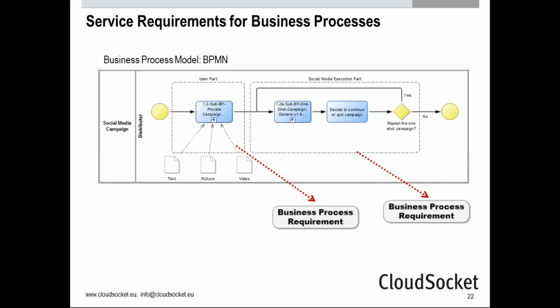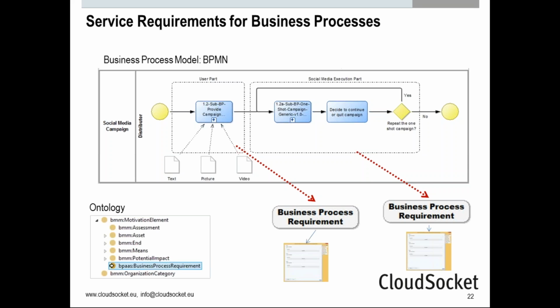Process requirements is a new modeling element, and the modeling element has several attributes that we can fill to define the requirements. I will come to the possible attributes later, but the meaning of the attributes are again defined in the ontology. So here we see that the business process requirement is also an element of the ontology. So the business process requirement again has a meaning.